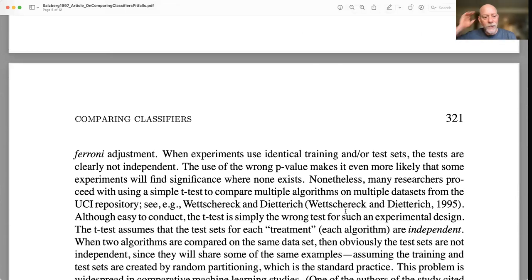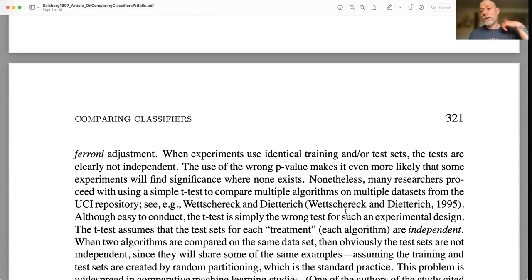A little aside here, basically the way the Bonferroni Adjustment works is you take the alpha level you're looking for, this would be 0.05 typically, and you divide that by the number of tests.